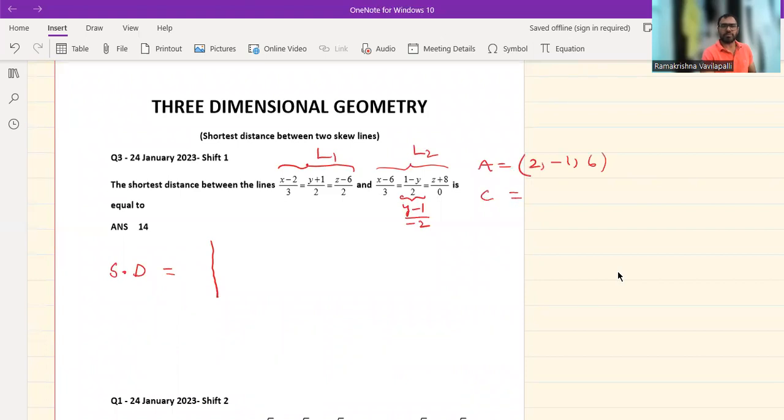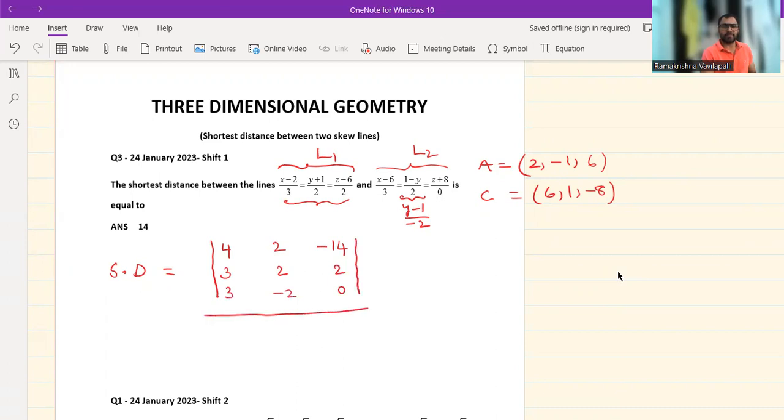Second line passes through the point 6, 1, minus 8. So you need to write first row C minus A. C minus A is nothing but 4, and this is 2, and this is minus 14. And direction ratios of first line 3, 2, 2. Direction ratios of second line 3, minus 2, 0.